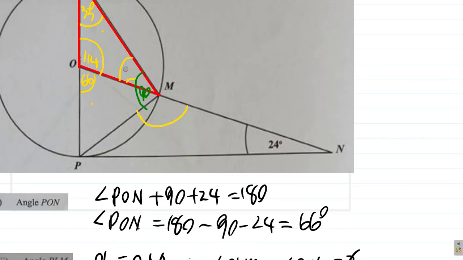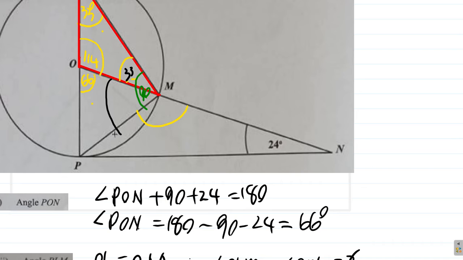So you have your 33 here. So guess what now? We can now find this angle. Alright? So angle OMP is what you want.